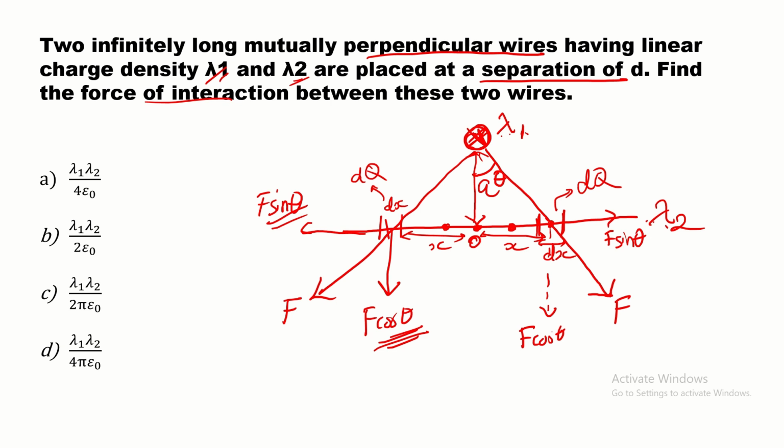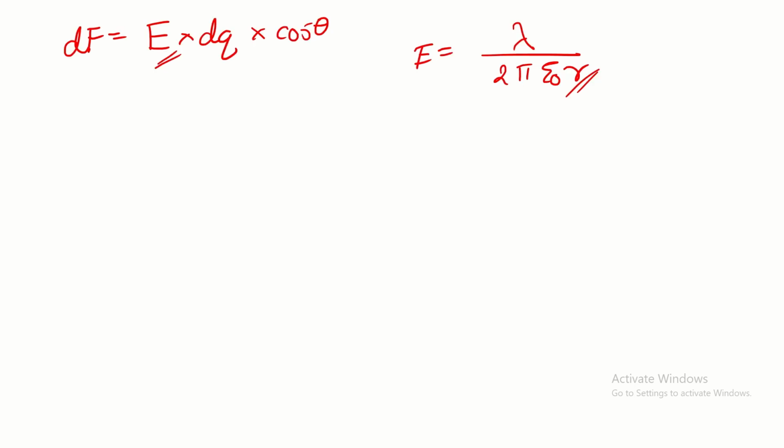So over here, this would be the distance r between the point and the infinitely long wire, which we are considering as lambda 1. So r can be written as root a square plus x square using Pythagoras theorem.